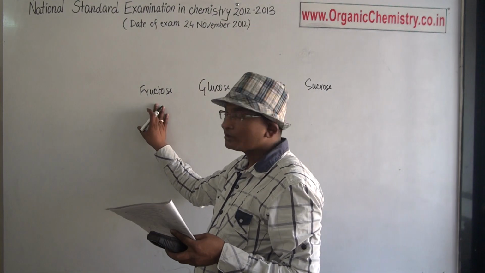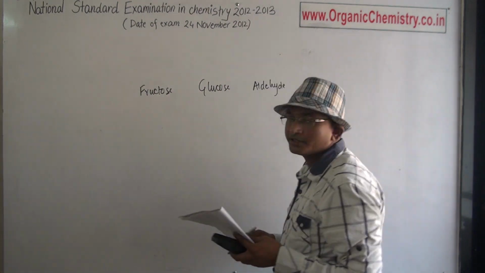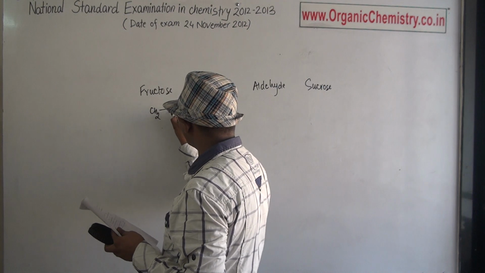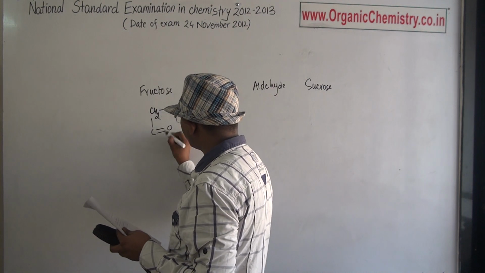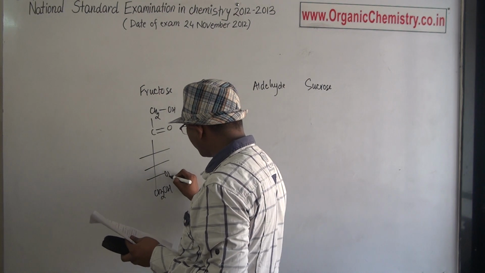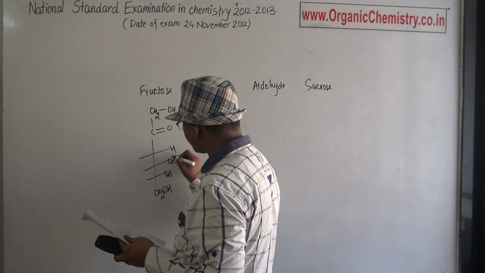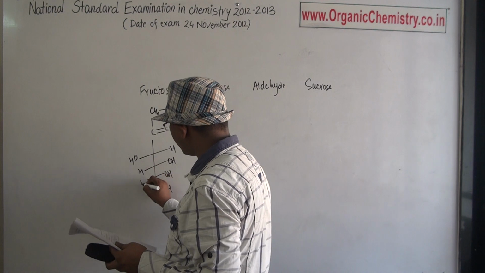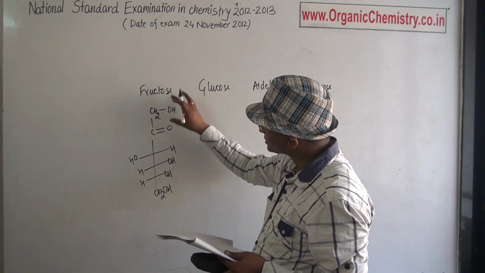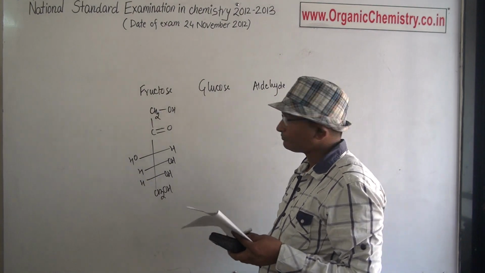So when you compare these four structures, this fructose is CH2OH, CO, CH2OH, OH, OH, H, OH, H and H. The first observation is that fructose gives a negative test.